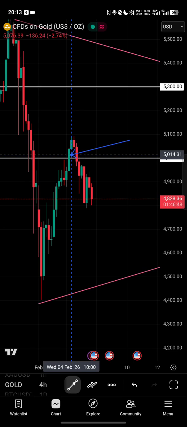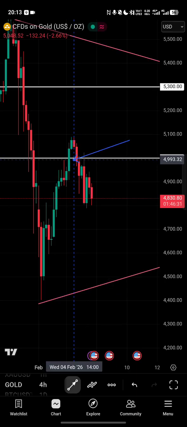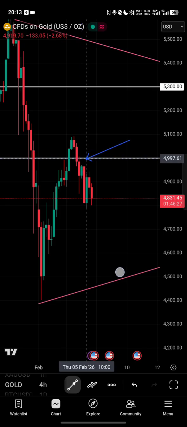So when there is a support where people enter a buy position, and there are too many people buying at one key support, the big money or the smart money wouldn't want all these people to be profiting from the market.